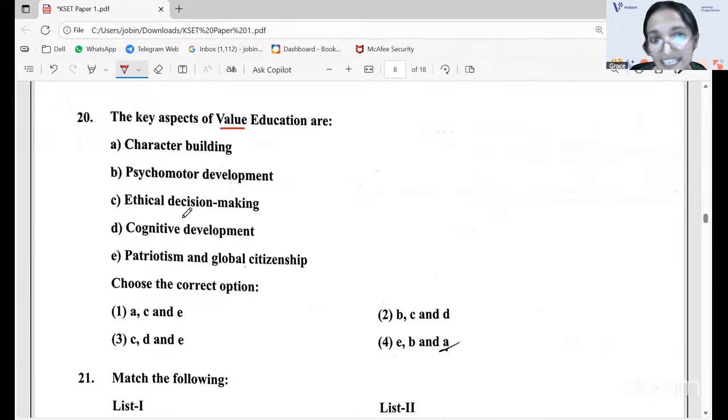Character, then ethical, then patriotism and global citizenship. It all comes under value education. These are the key aspects. So the right answer is ACE. AC is the right answer. It's option 1.